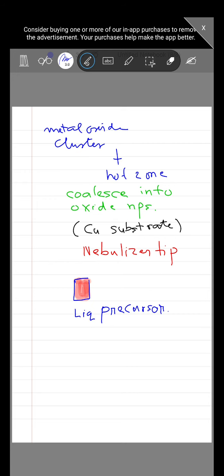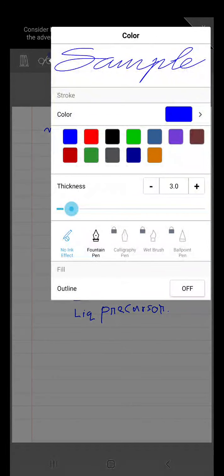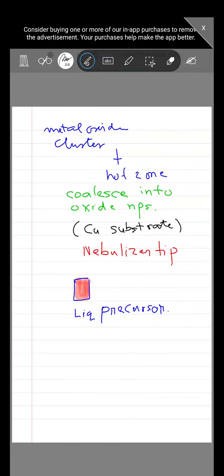Now we provide an ultrasonic nebulizer, and we also provide a burner.